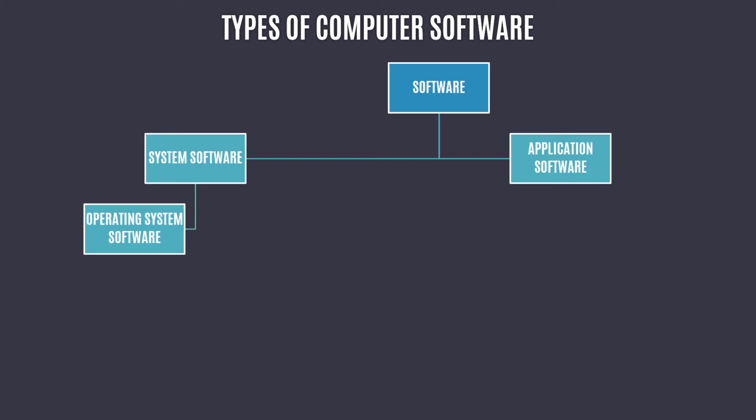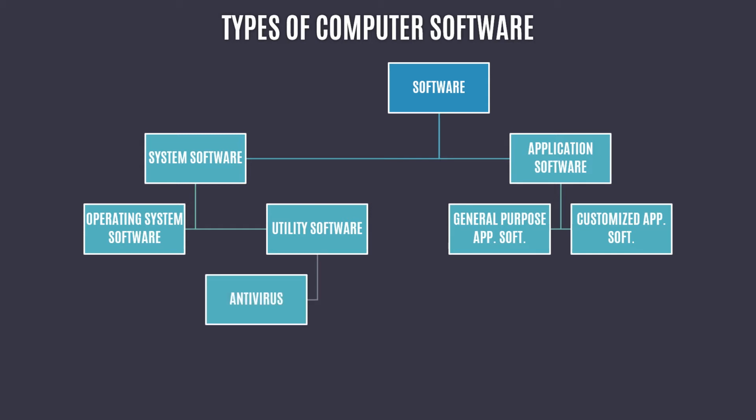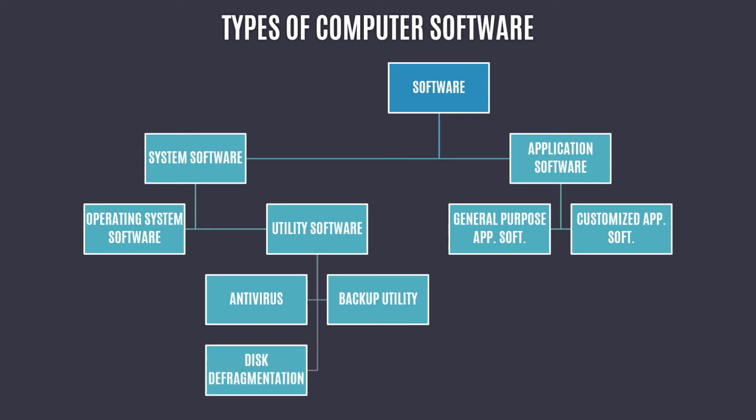System software is further divided into operating system and utility software, and application software is further divided into general purpose application software and customized application software. Now within the system software, utility software is further divided into antivirus utility software, backup utility software and disk defragmentation utility software. So this is an entire software bifurcation chart. Please remember this chart.